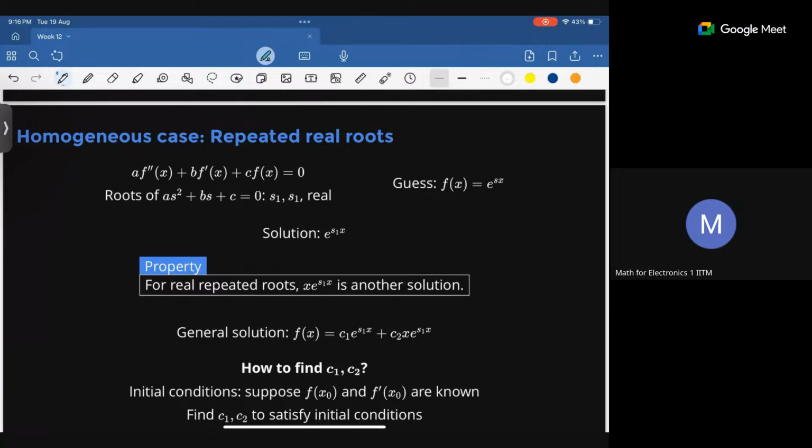So what if we have repeated real roots? Where there are no s1 and s2 now, whatever quadratic equation that we have has only one real root. If you just recall the concepts of quadratic equations, when can we have exactly one real root? When the quadratic function exactly touches the x-axis only at one place.